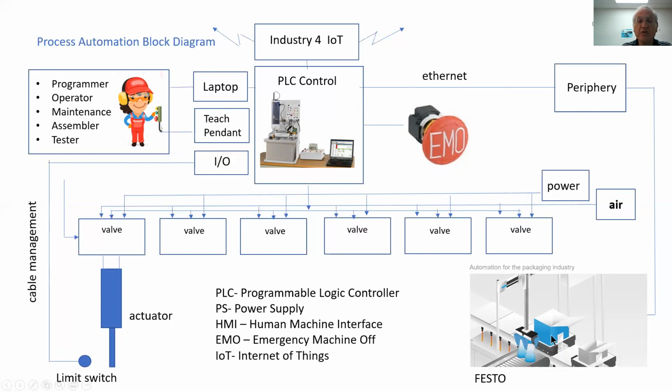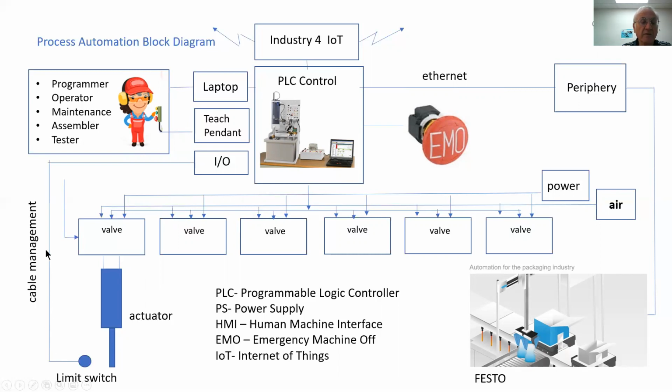And then for the actuator that the PLC is controlling specifically, each one of these valves is being actuated by a solenoid. Power is going to be supplied to each one of the valves. Air is going to be supplied, and each actuator is going to be commanded by the PLC through Ethernet.